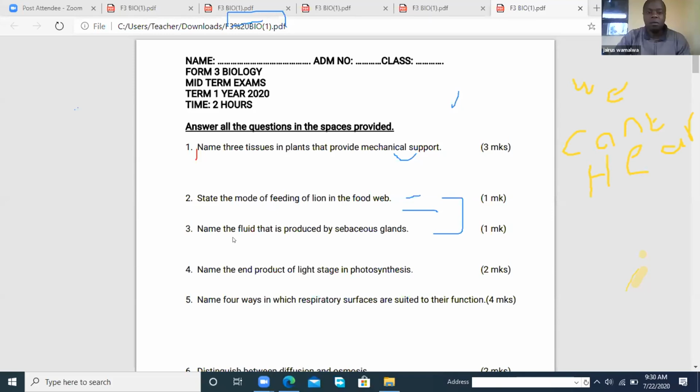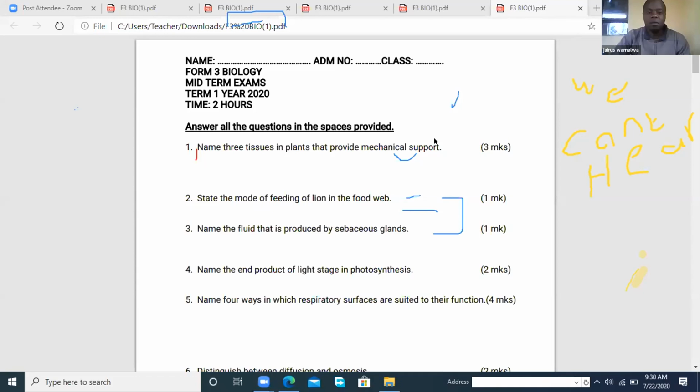Turgidity in plants, giving strength in plants, is normally contributed by the presence of water in the tissue. So these are the tissues that contain water.